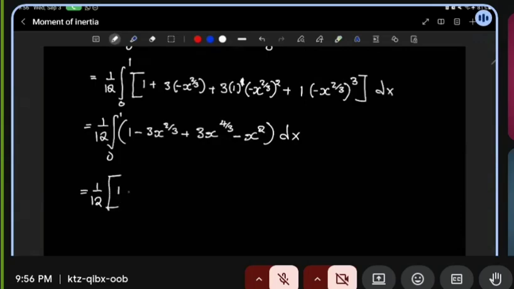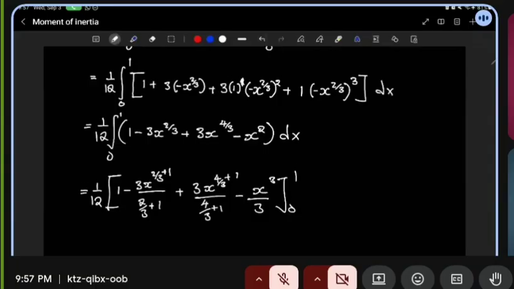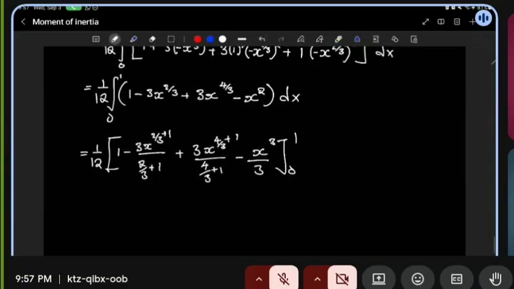When we integrate, this is 1 minus 3x to the power 2 over 3 plus 1 over 2 over 3 plus 1, plus 3x to the power 4 over 3 plus 1 over 4 over 3 plus 1, and then minus x to the power 2 plus 1, which is 3 over 3, from 0 to 1. This is just the first part. Don't forget the rest of it.